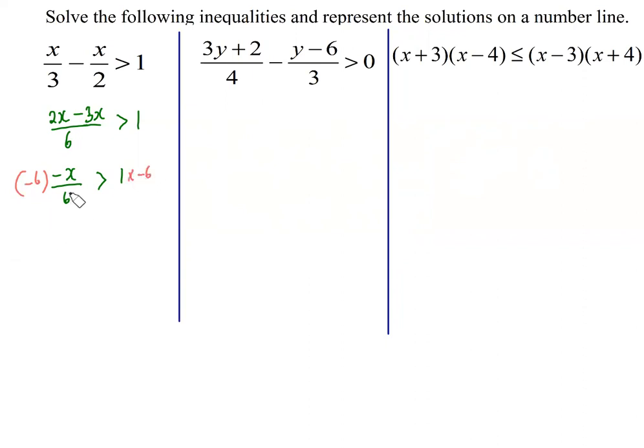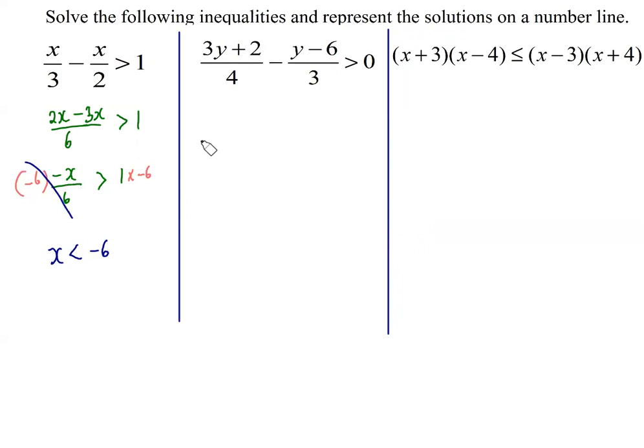Then we cancel there, and we get x less than negative 6. We are changing the sign. Why? Because we're multiplying both sides by a negative in trying to get rid of this negative. Negative times negative is going to give us positive. Then we are left with positive x. So the sign changes now, and it's going to be x less than negative 6.